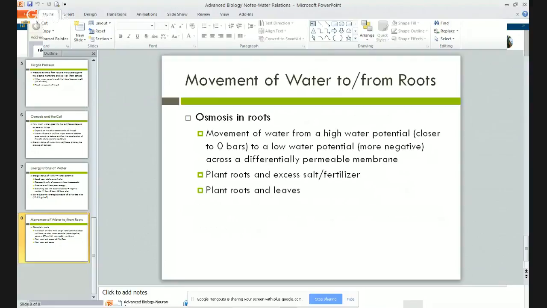The soil water on the outside has an energy potential of -1 bar. So that means that it's got more water, less solute. So high water concentration, which means in this particular instance, water would move from the soil water into the root until it reached that osmotic equilibrium.